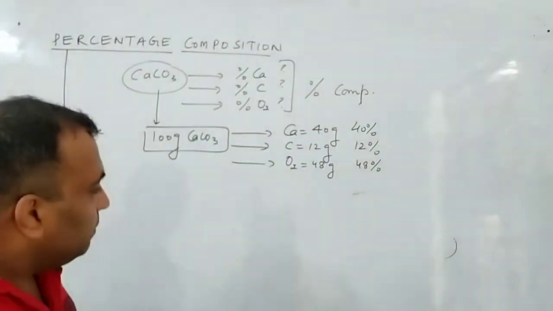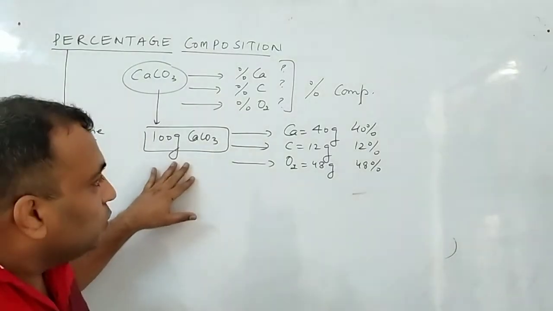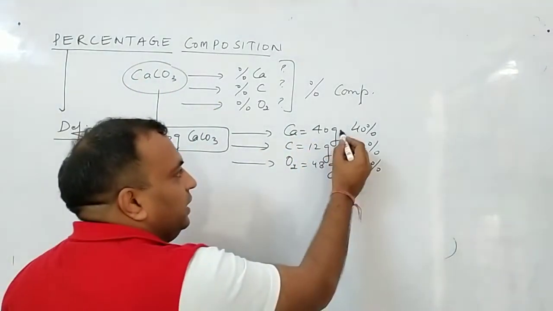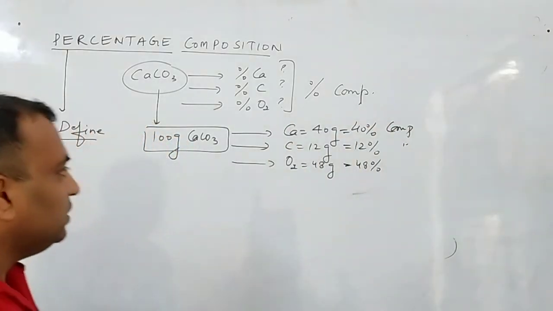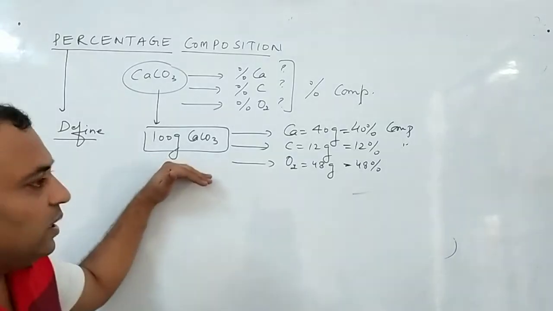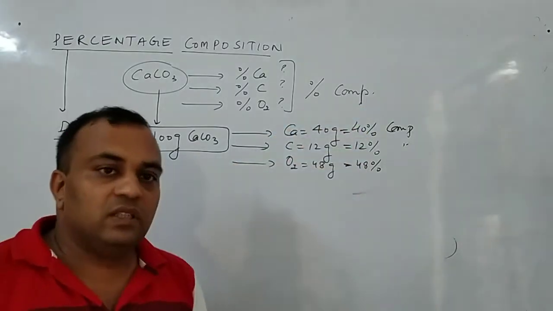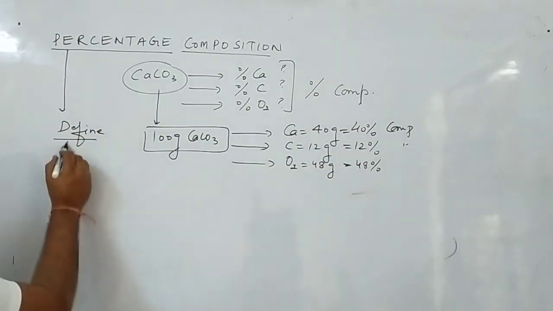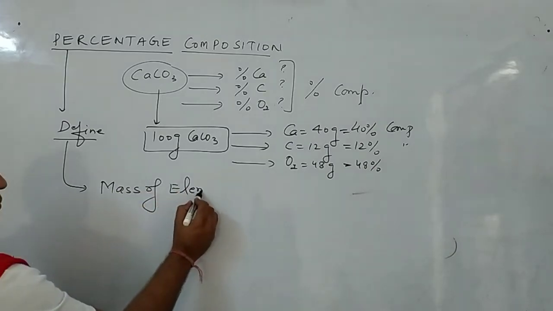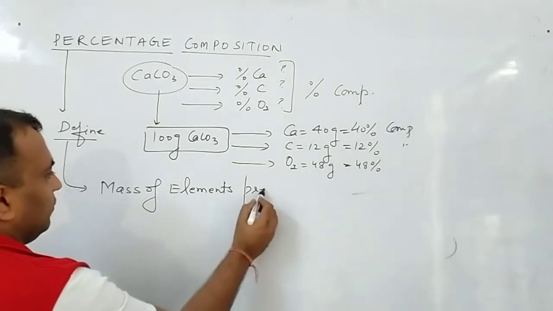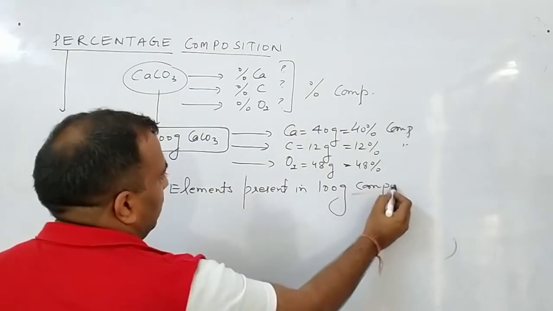What does it mean? It means if I take the compound as 100, I have to take the compound as 100, so the mass of the element will directly be your percentage composition. So what is percentage composition? Understand again: in 100 gram compound, whatever mass of your elements comes, that will be its percentage composition. So how will I define it? Very important. It is the mass of elements present in 100 gram of compound.